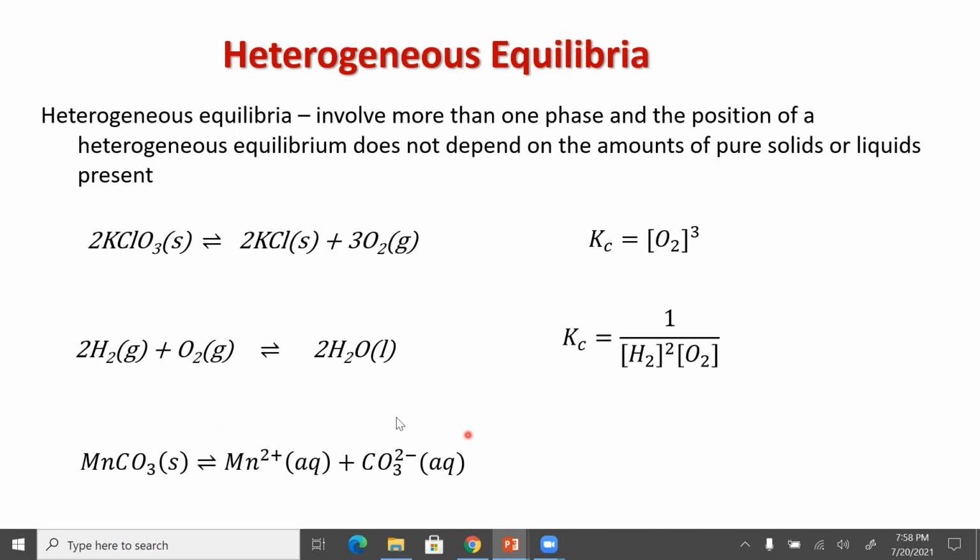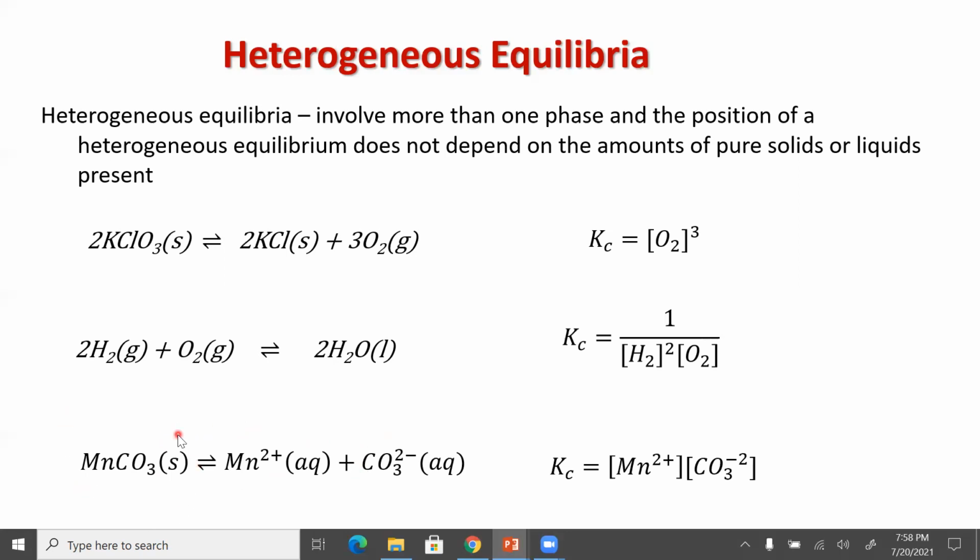It means ions in solution that we can talk about in terms of concentrations. And then we've got our reactant here, but it's a solid, so we're not going to include it. So our K expression would be the concentration of manganese ions raised to the first power, because there's a 1 here, times the concentration of carbonate raised to the first power, because there's a 1 here, over 1, because this is a solid.